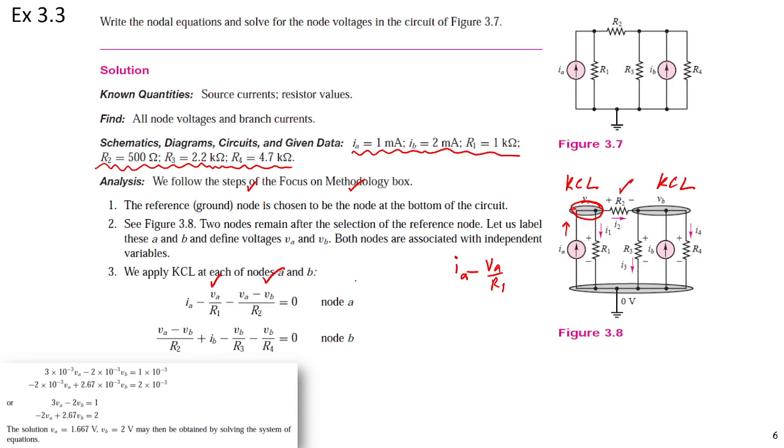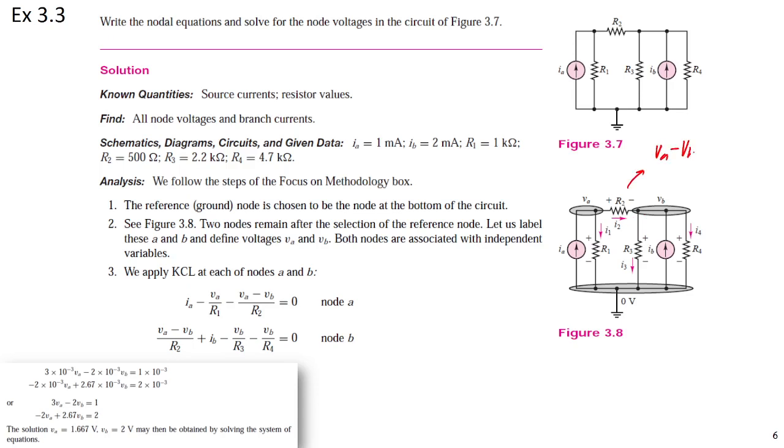Then the KCL at node B. This will be I2, which is VA minus VB divided by R2, plus IB, minus I3 minus I4.